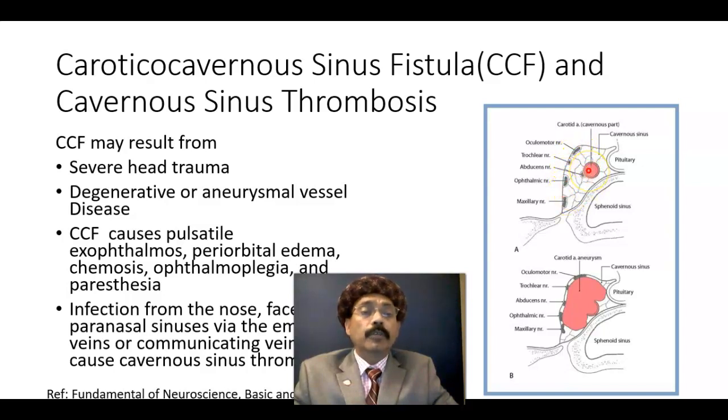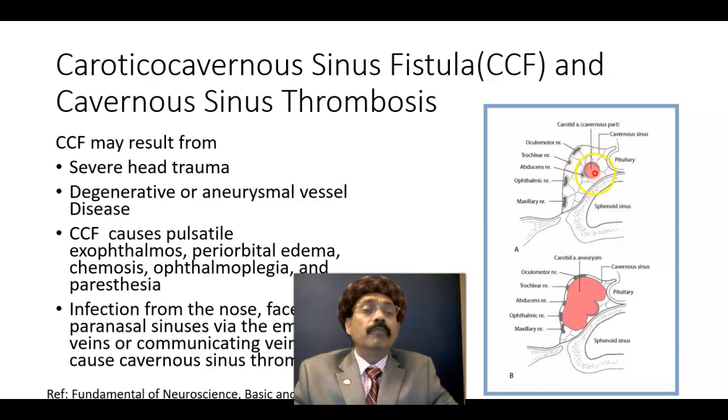An aneurysm is an abnormal dilatation of the blood vessel. It may also be infected or degenerated, so this arterial blood may mix with the blood of the venous spaces.